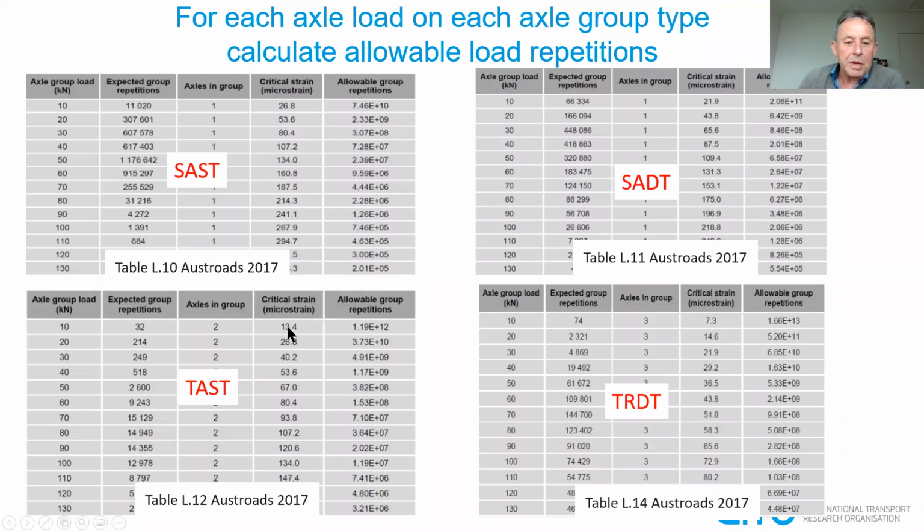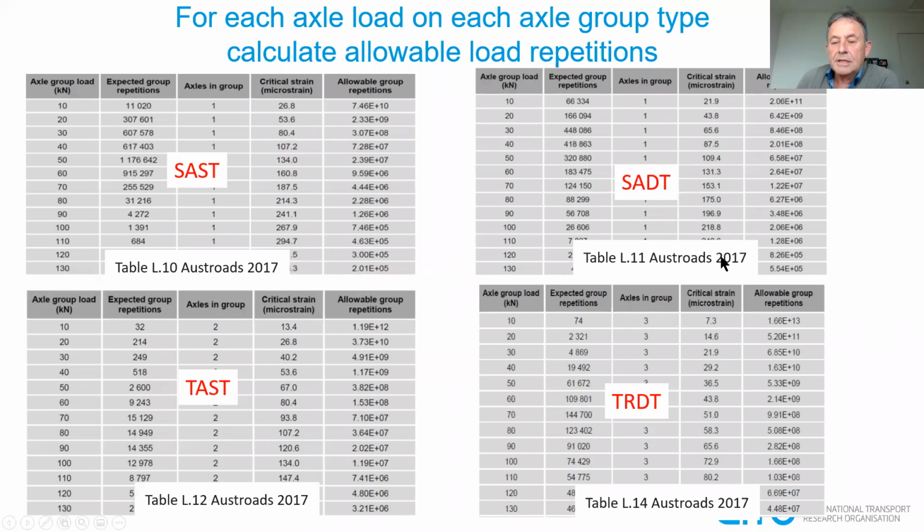And also we can use those same strains to estimate the strains under a tandem axle with single tyres, by isolating the axles, in this case, into 2 individual axles. And the same for the other axle group types.